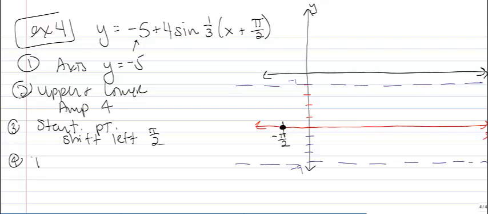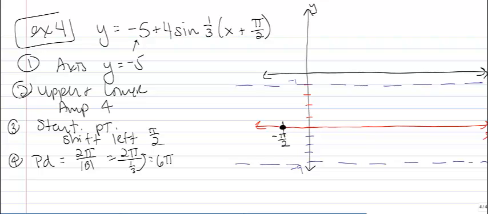So let's think about our period. Period is going to be 2 pi, since it's radians, over the absolute value of b, or 2 pi over, here we have 1/3. Obviously positive. Take that 3 back up here, and we're looking at 6 pi for a period.